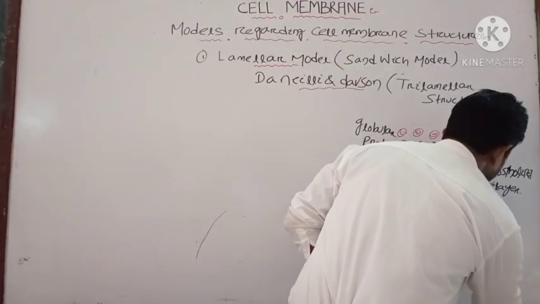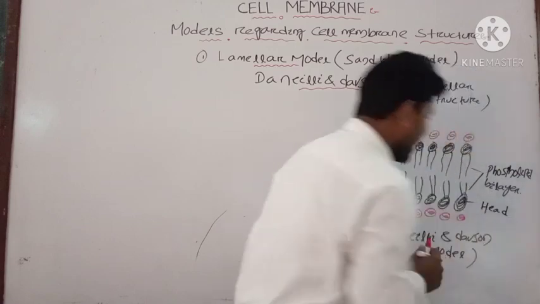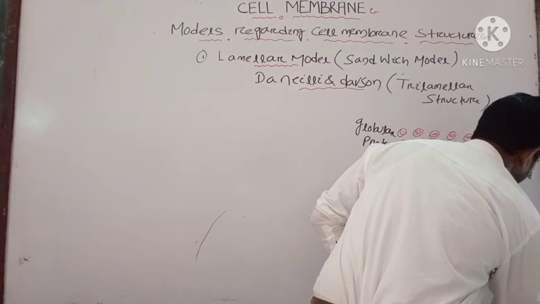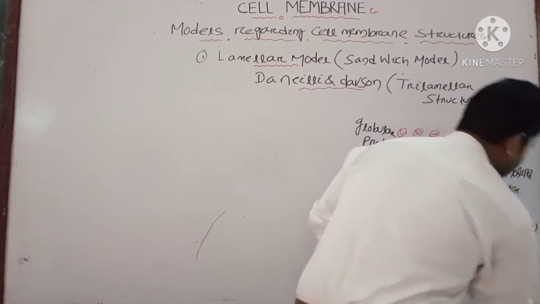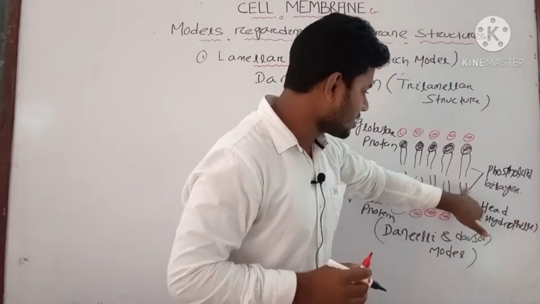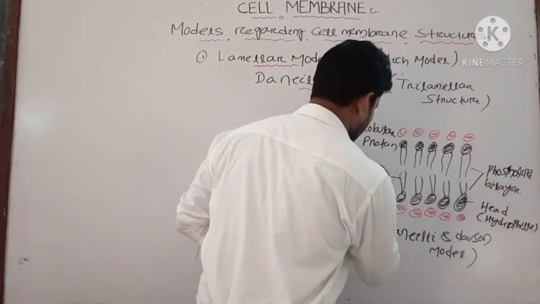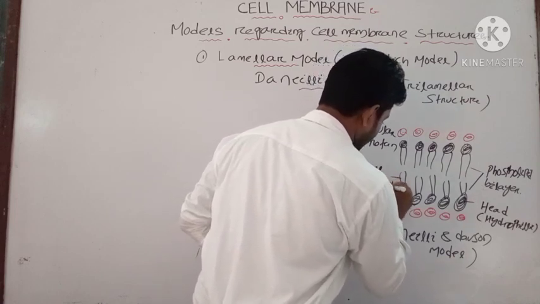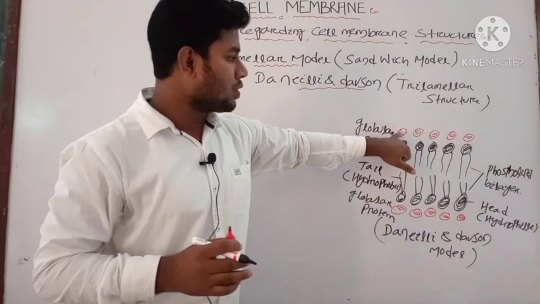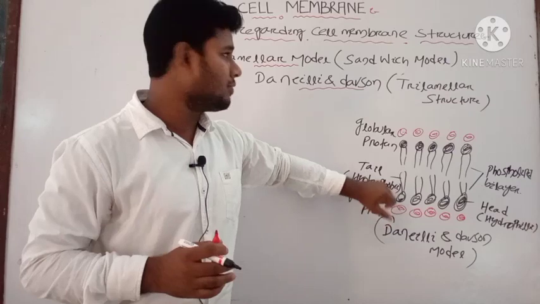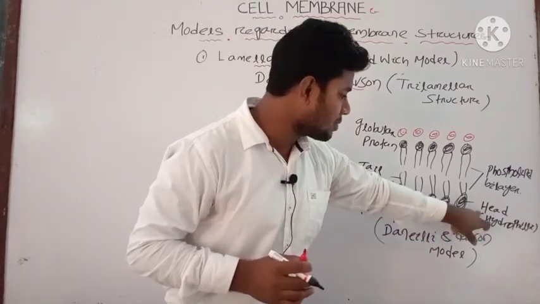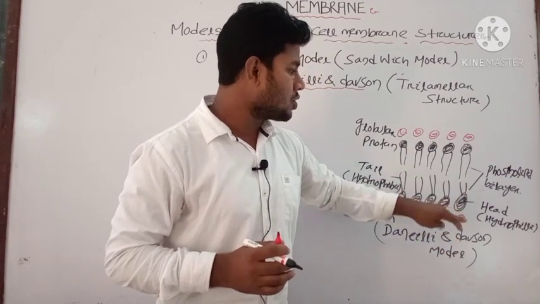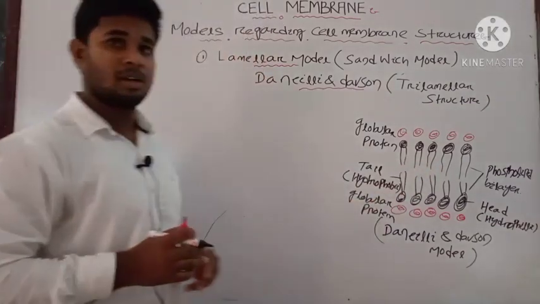The head portion is hydrophilic and tail portion is hydrophobic. You can see the lipid bilayers are present in the form of sandwich-like structure, and the head portion is present towards your protein unit membrane structure, and tail portion is present towards the membrane phospholipid structure.